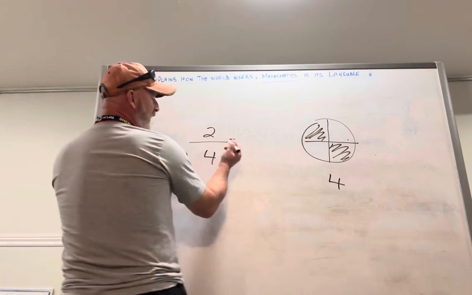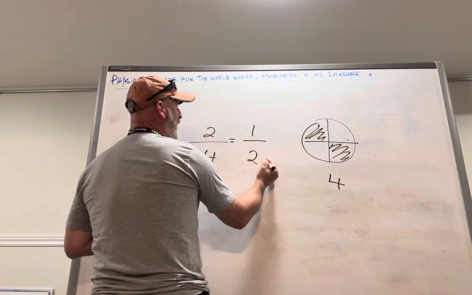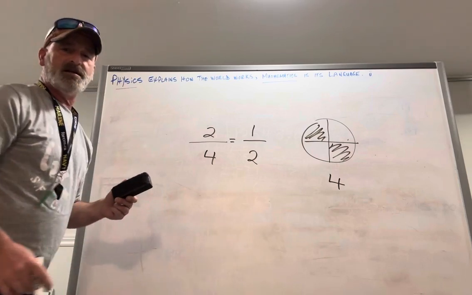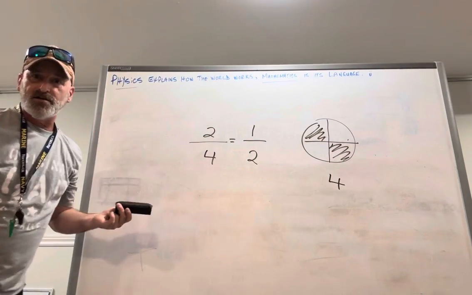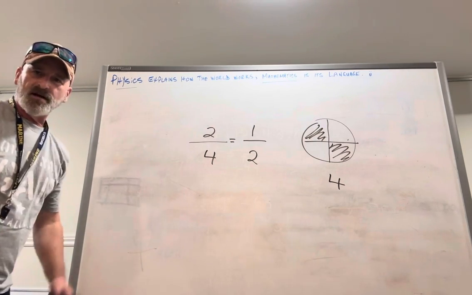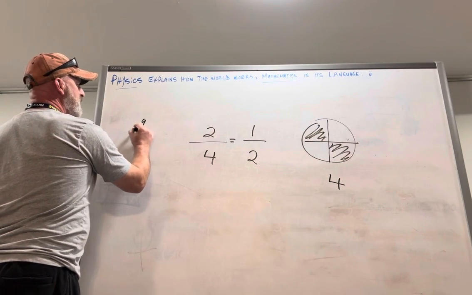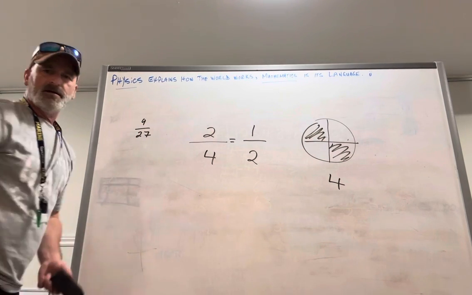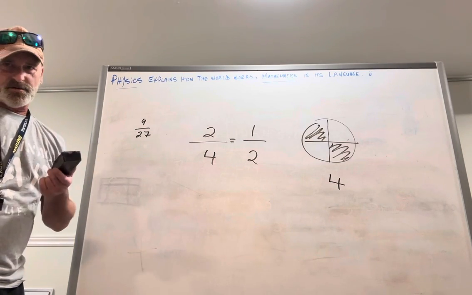Well, if you look magically here, we have something called equivalent fractions, which means that you can reduce a fraction down to what it is. How did I do that? Division. Now, what if I had 9 over 27? Easy for me, because I know 9 goes into 27 exactly 3 times.